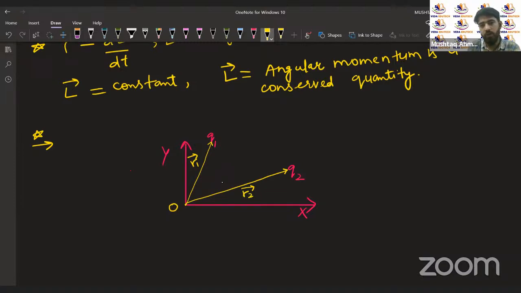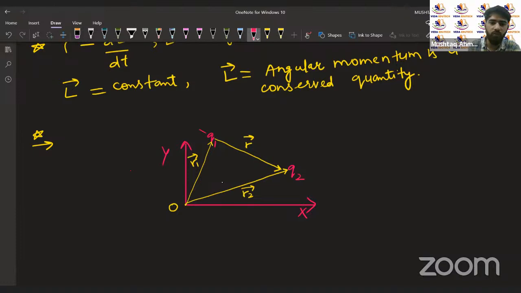And these two charges are separated by a displacement vector. Let me call this r vector. The force on q2 is because of q1. There is a force on q2 because of q1, and there is also a force on q1 because of q2.